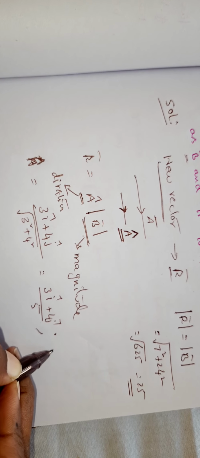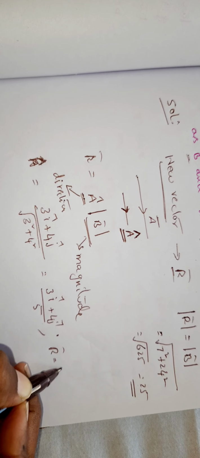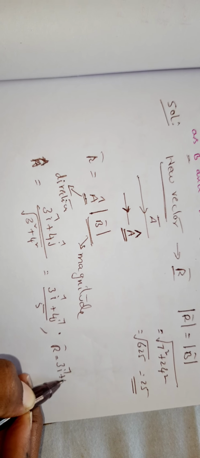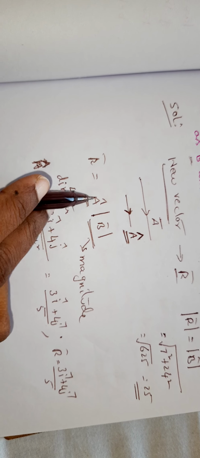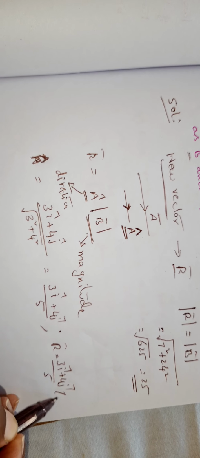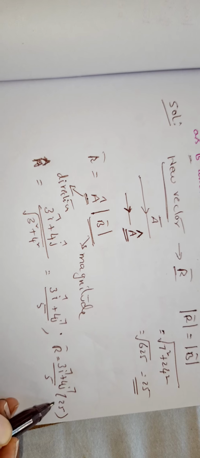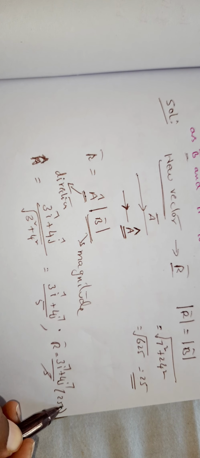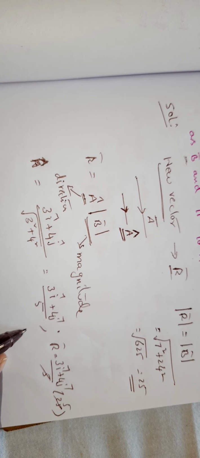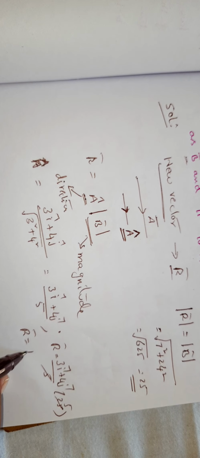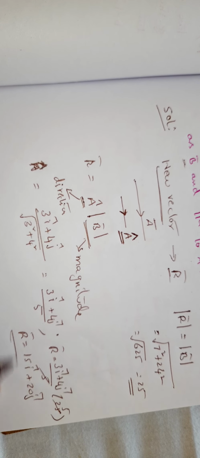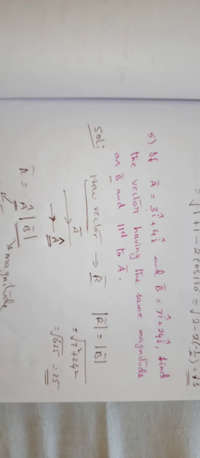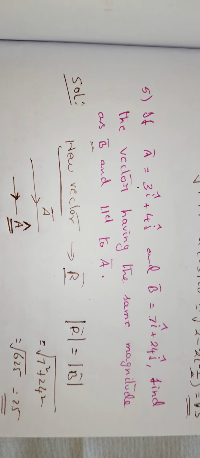Now I can find R bar as 3i cap plus 4j cap by 5, that is A cap, multiplied by the magnitude of B bar, which is 25. 5 times. So R bar is equal to 15i cap plus 20j cap. Now can you see that?